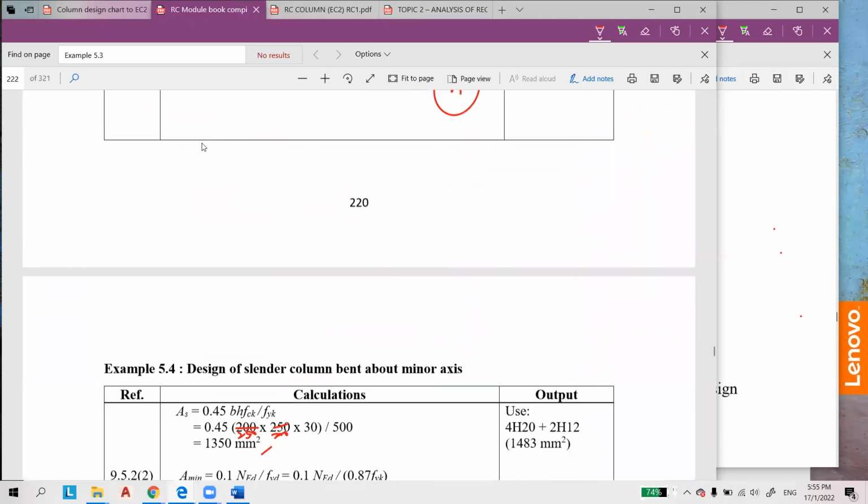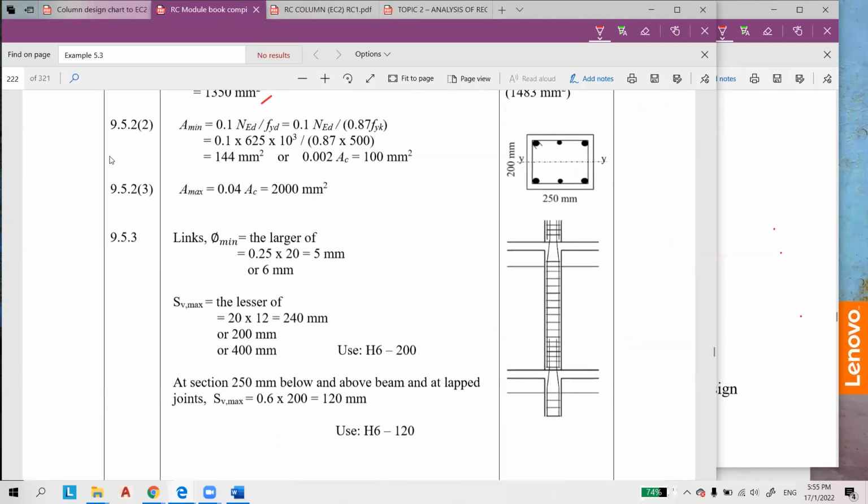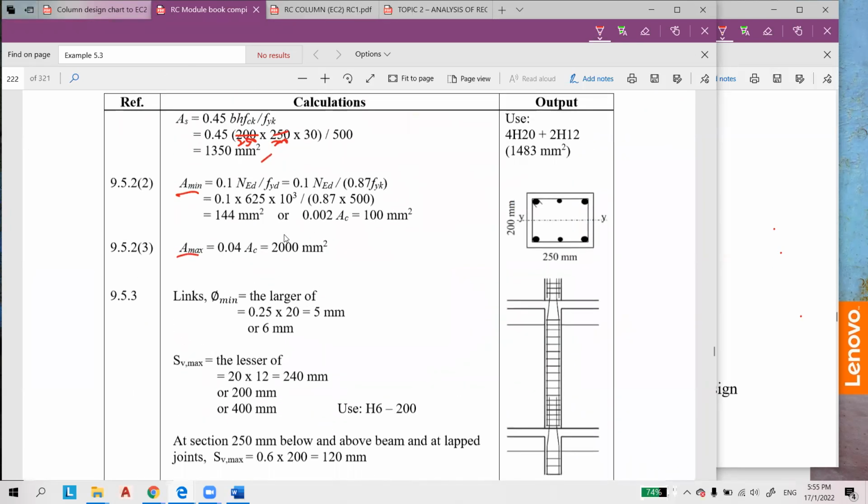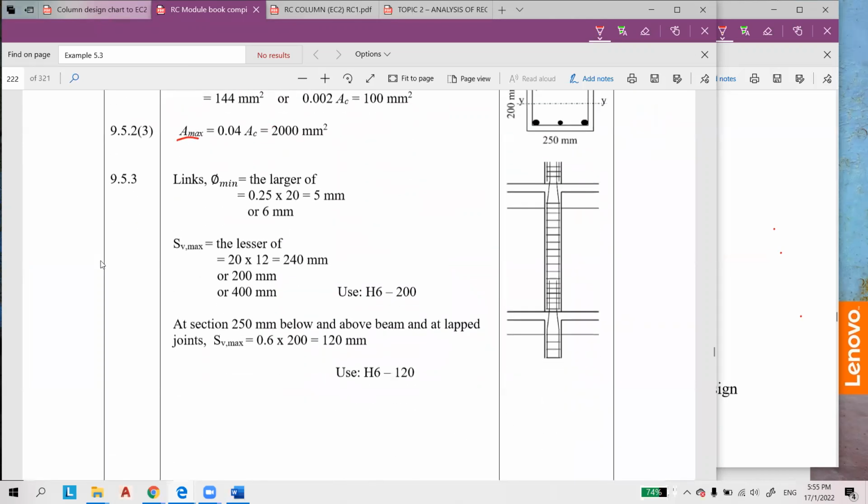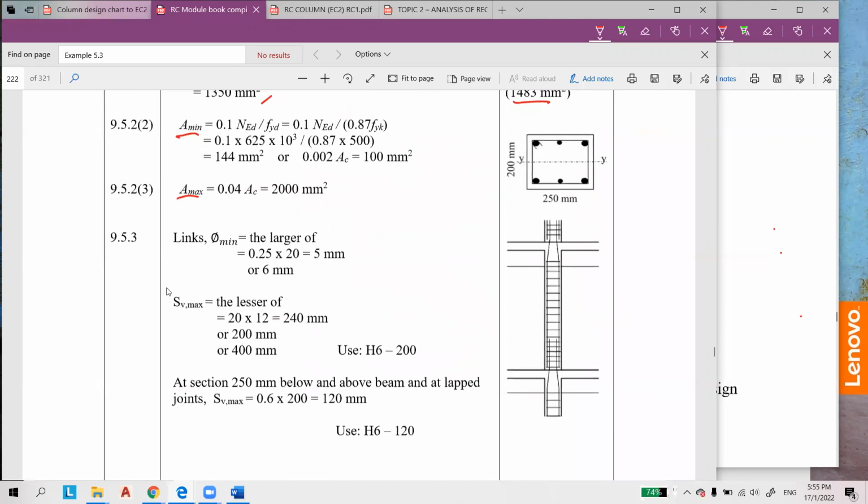It's similar to the previous, you check the S min and S maximum, so make sure that the S provided is within the range of minimum and maximum, and then you can select this one. This is similar because we have H12 here, so this is the lesser of H12, the lesser dimension of the beam, and the maximum is 500.